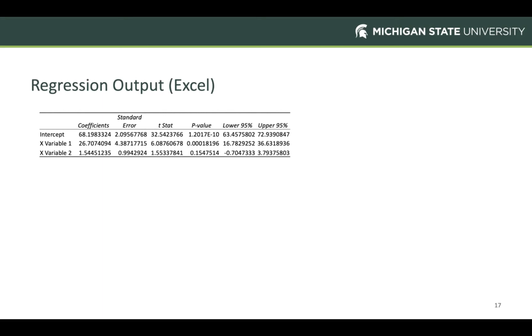The slopes give us a range for the slope of that line. Based upon repeated sampling, we would expect that 95% of the time, those limits would range from a slope of 16.8 to 36.6 roughly.